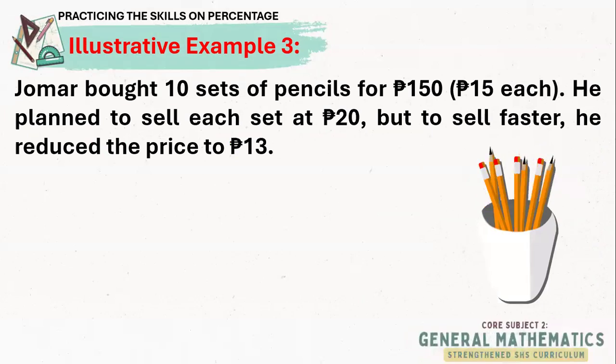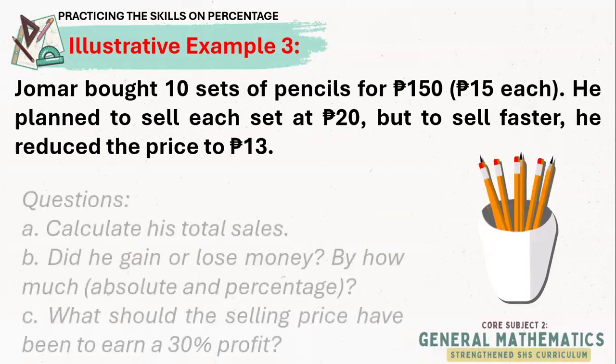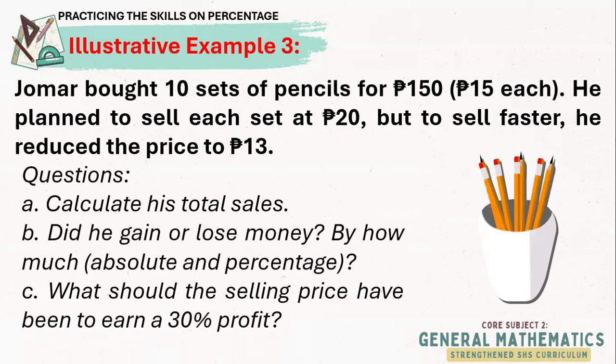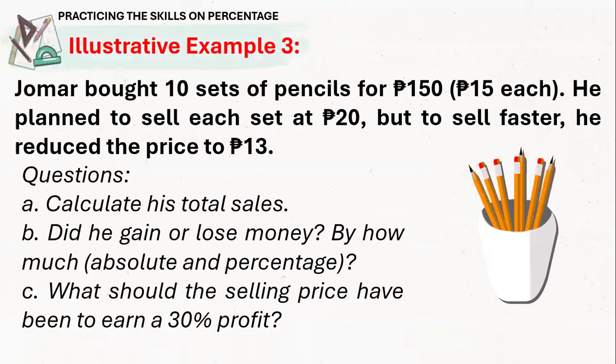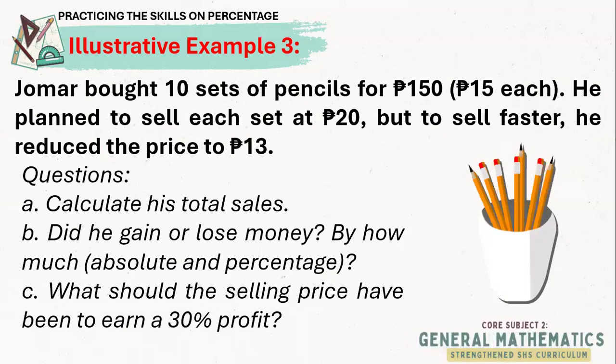So let's compute for the total sales and let's see if he gains or loses. Obviously, he loses money there by selling it at 13 pesos. And what should be the selling price if he should have a markup of 30% profit?